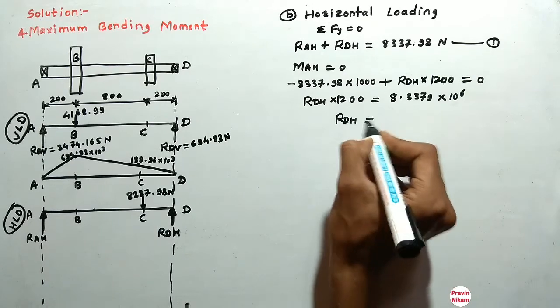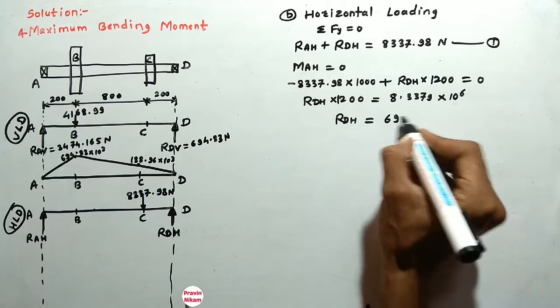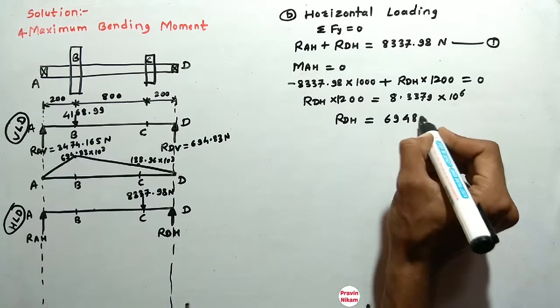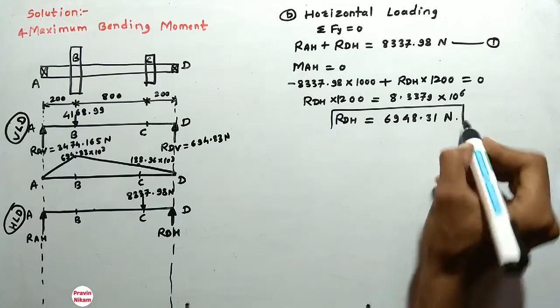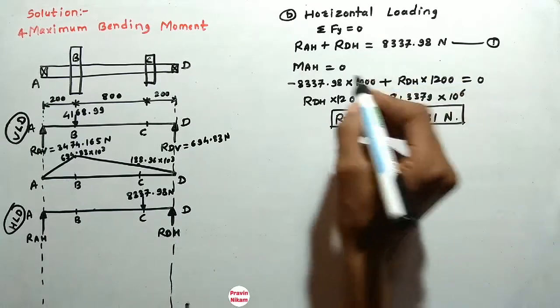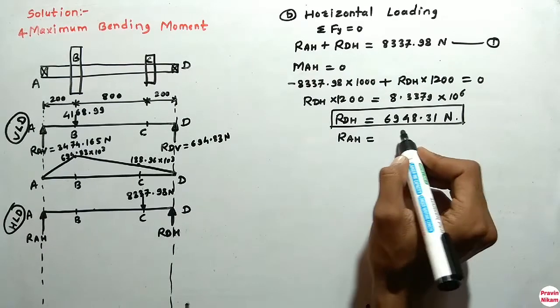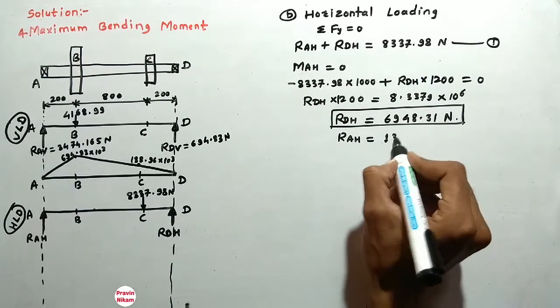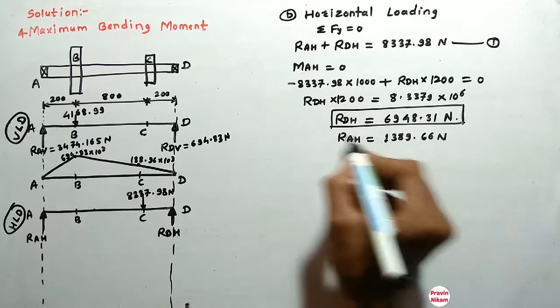So therefore RDH is equal to that divided by 1200. So RDH is equal to 6948.31 Newton. So this is the value of RDH. Now put this value in equation 1. You will get RAH as 1389.66 Newton.